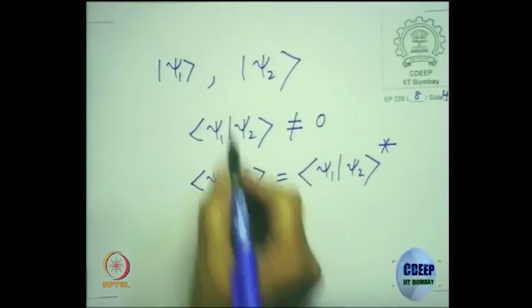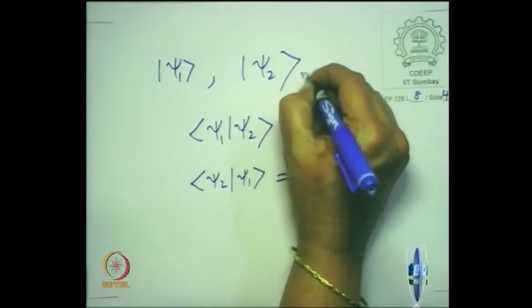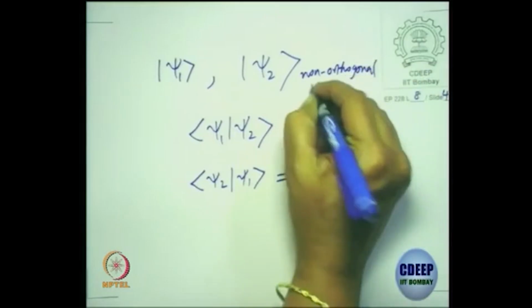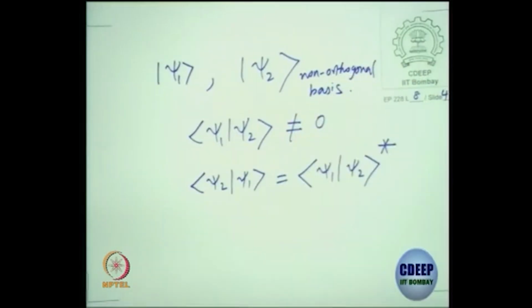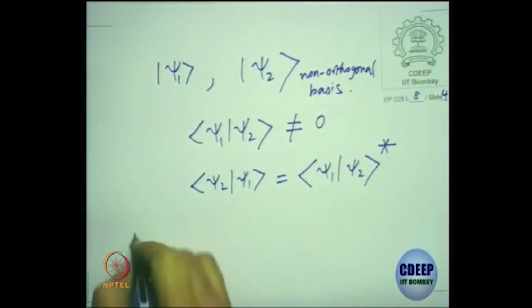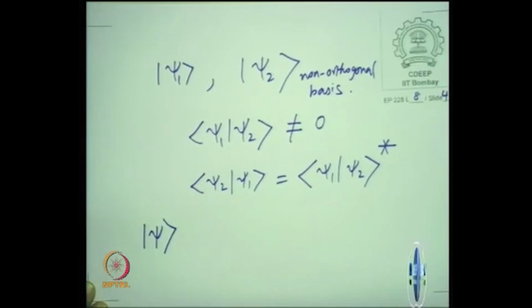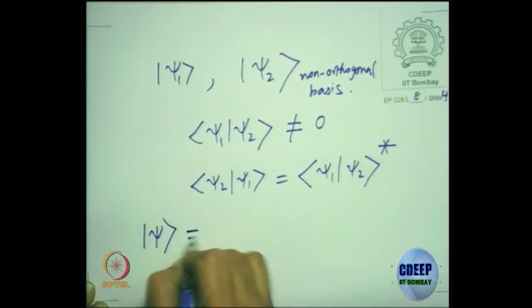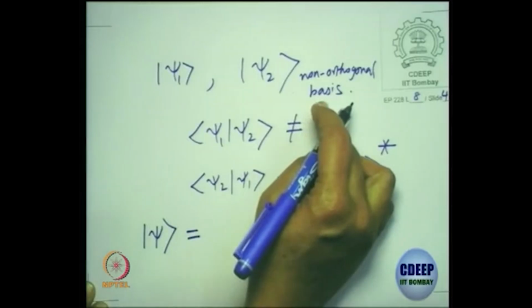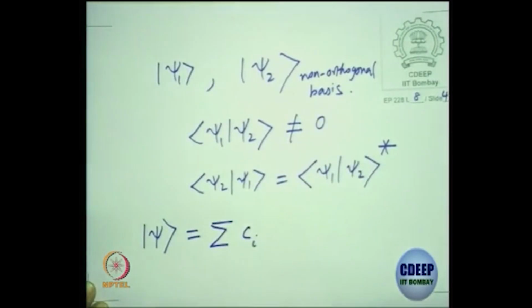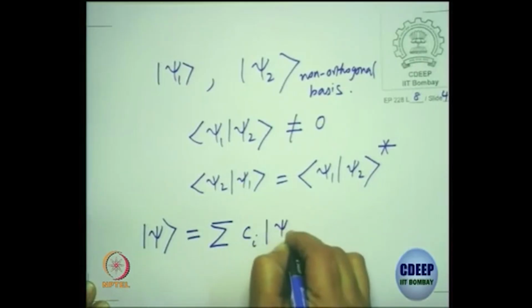So, this is the meaning of saying this is a non-orthogonal basis. What is the meaning of basis? If I want to write any arbitrary state, once I call this a basis, I can use some complex coefficients c i on psi i.